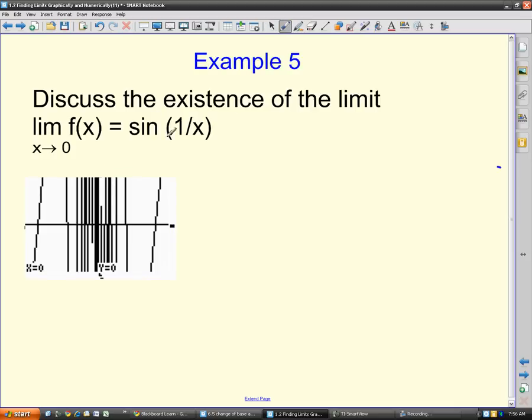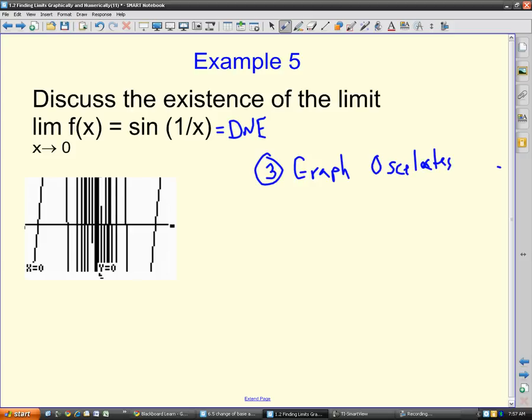So the third way it does not exist: this limit does not exist, because the graph oscillates. When the graph oscillates from one number to another, the limit does not exist.